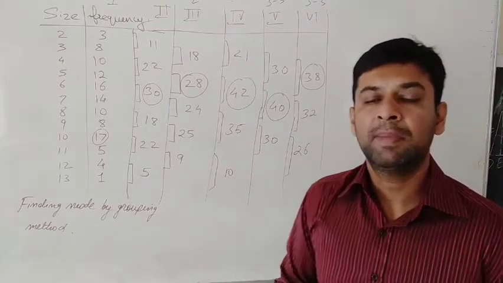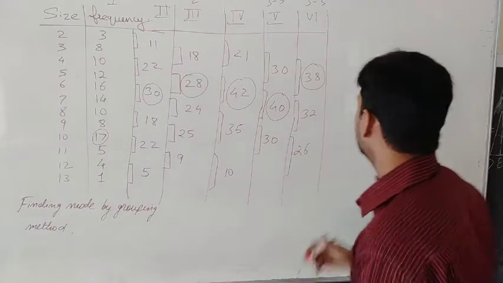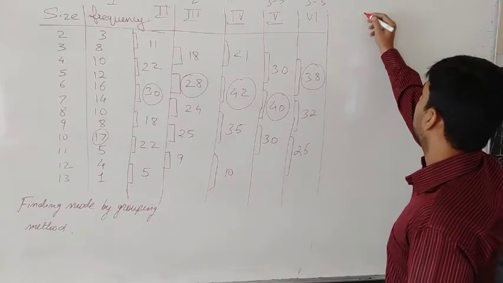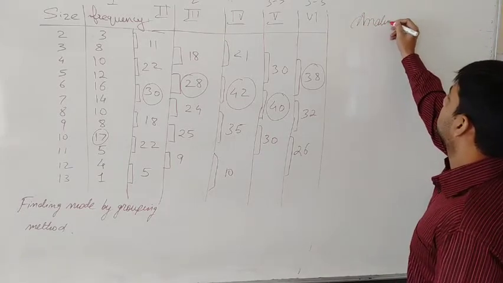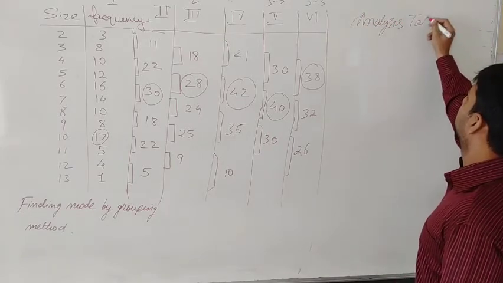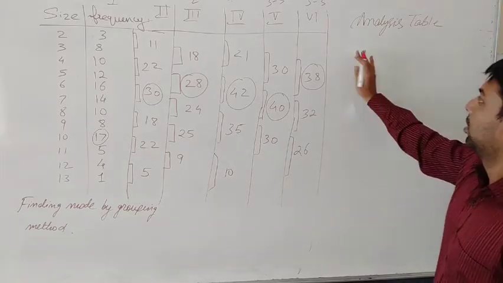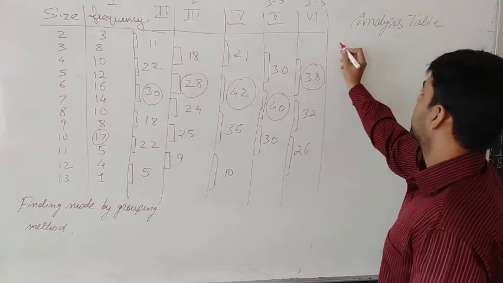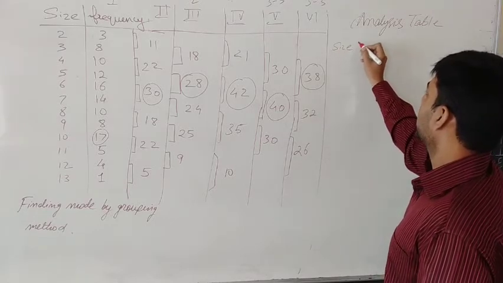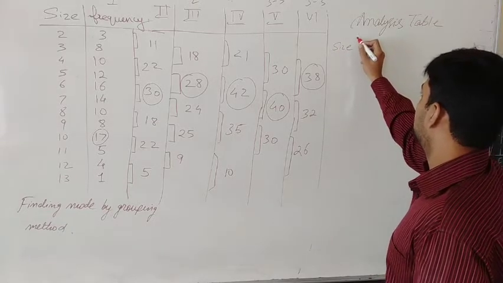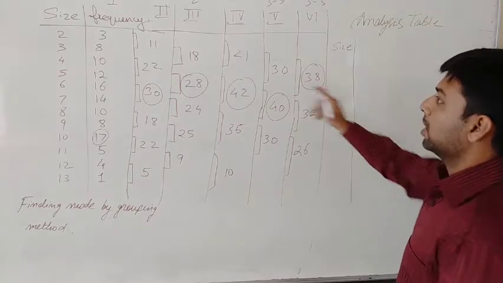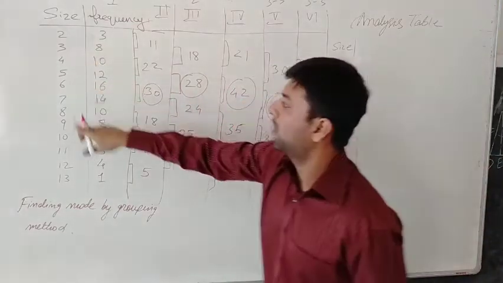Now we will be making the analysis table. Here I am writing analysis table. So how to make this analysis table? First of all, you write the size like this. Then here all these sizes 2, 3, 4, 5, 6.